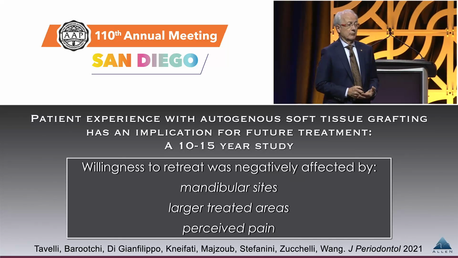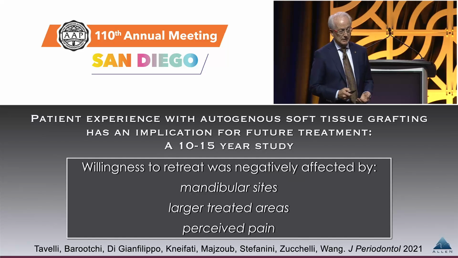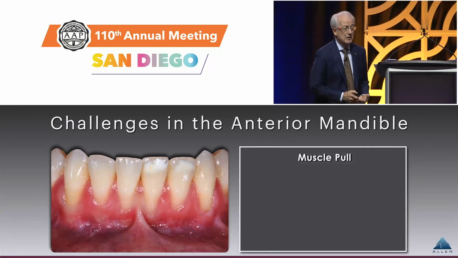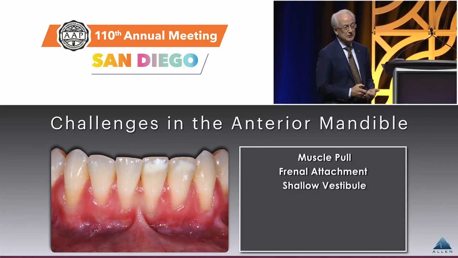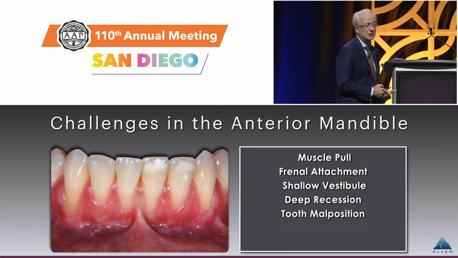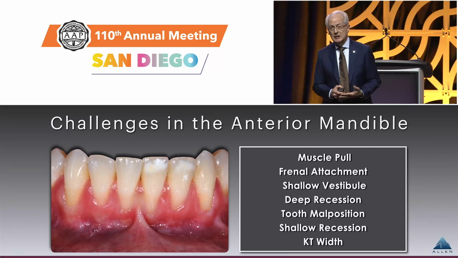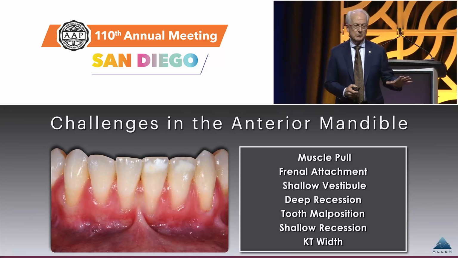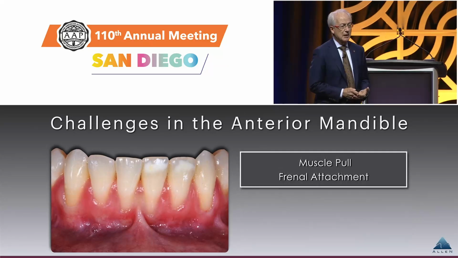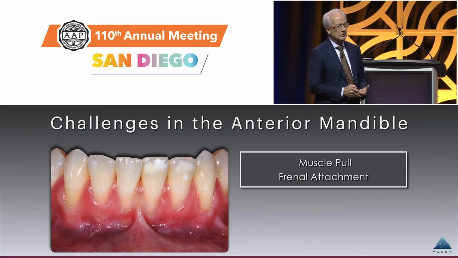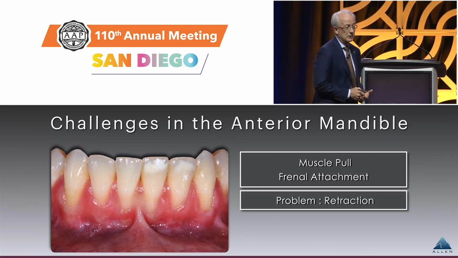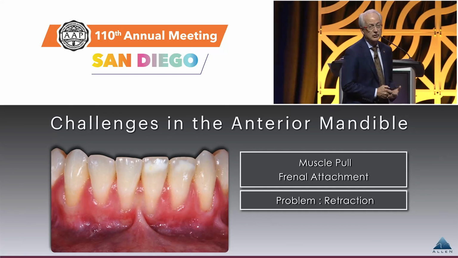So if we look at challenges in the anterior mandible, they include muscle pull, frenal attachment, shallow vestibule, deep recession, tooth malposition, shallow recession, and KT width, among a few others. I'm going to hit on these primarily. And we're going to take the muscle pull and frenal attachment together. If we look at this, the problem in the lower arch is retraction.